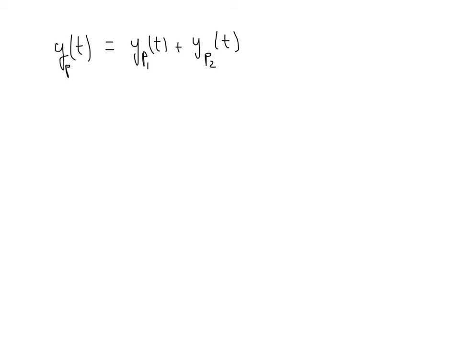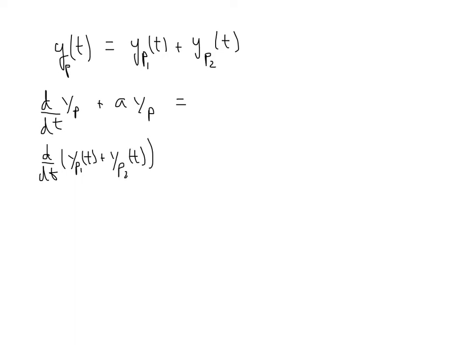And so what we do is we say the following. Here's y sub p prime plus a y sub p. But that's just the sum of two functions, y sub p1 plus y sub p2. That's a times y sub p1 plus y sub p2.